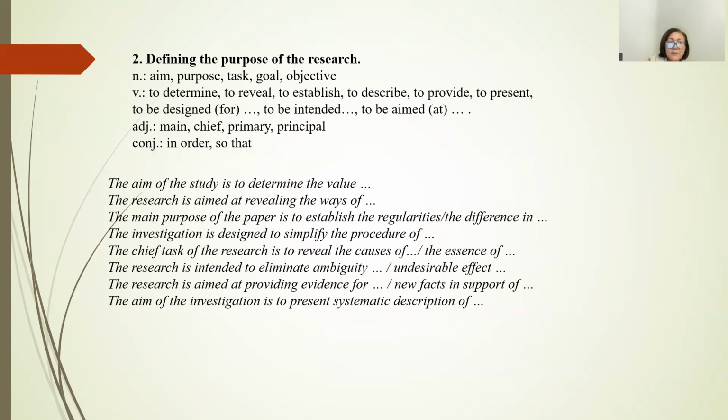And verbs like reveal, establish, to be intended, to describe can also be used in defining the purpose of the research. Look at the expressions or phrases. Of course, these phrases are not full. You can continue just guessing the content of the paper.